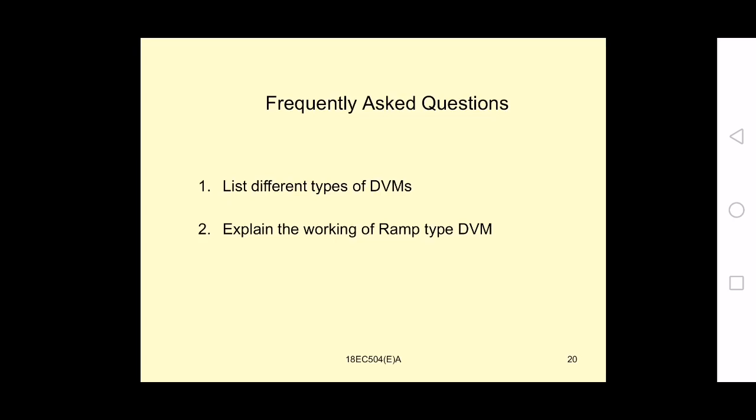In that gating interval, the oscillator generates clock pulses that are given to the counter, and the counter counts the number of pulses, which is given to the 3.5 digit digital display readout, giving the decimal digit display of the input signal. So this is the working principle of the ramp type digital voltmeter.